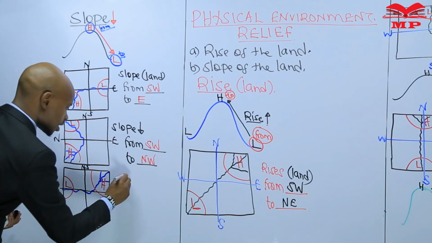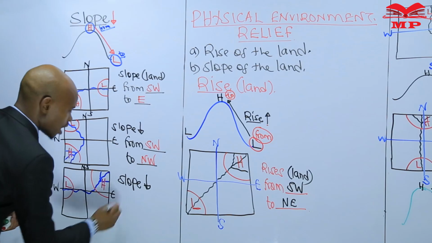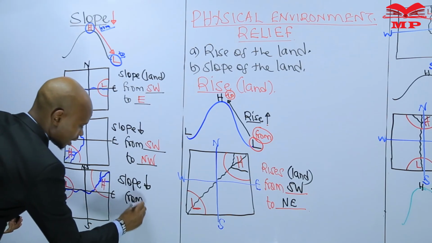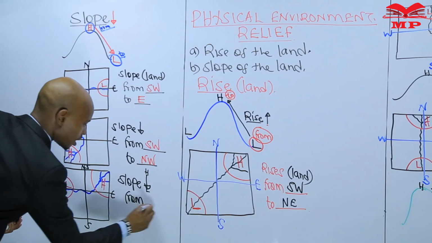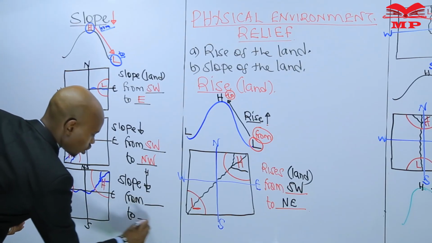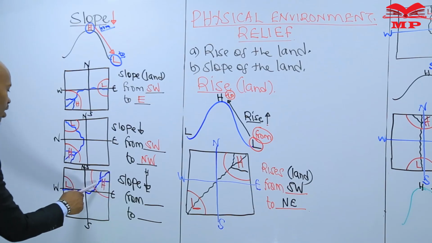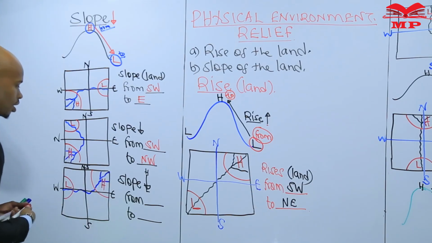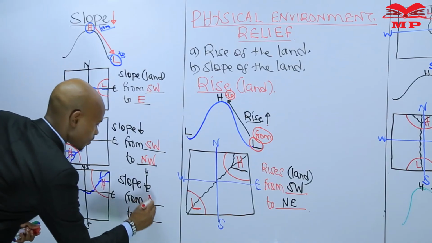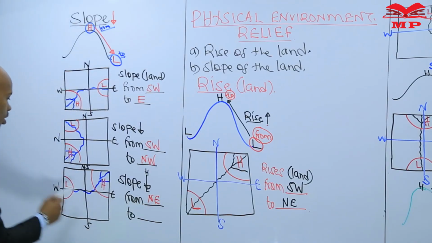We have the question in hand, sloping, going down, from highland to lowland. So where do we have our highlands? Northeast. Our highland on this map, northeast. Lowland, west.